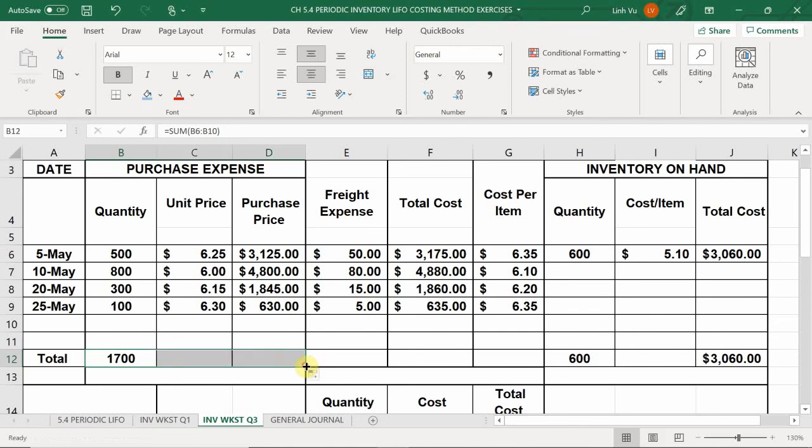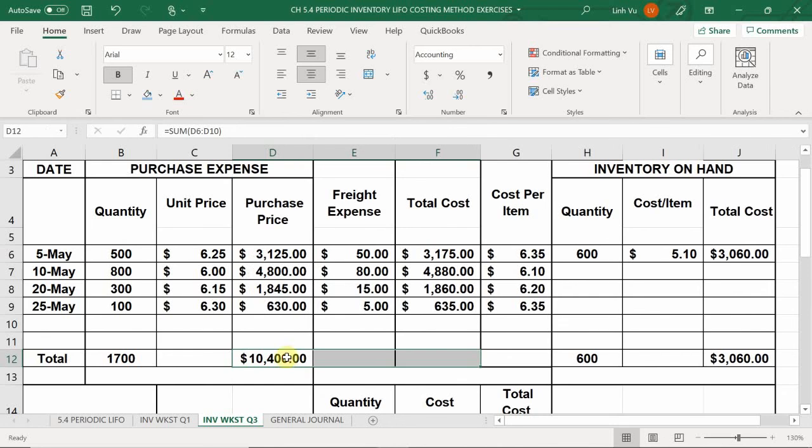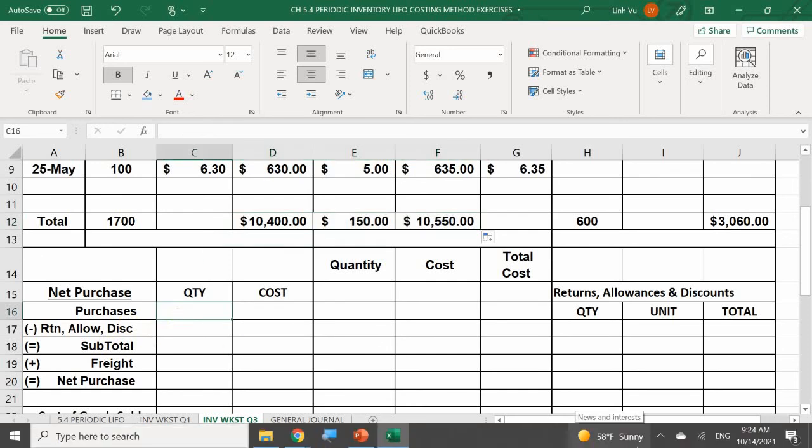What was my total purchase price? 10,400. What was my total freight? 150, bringing my total cost to 10,550. All right, let's plug these numbers in.